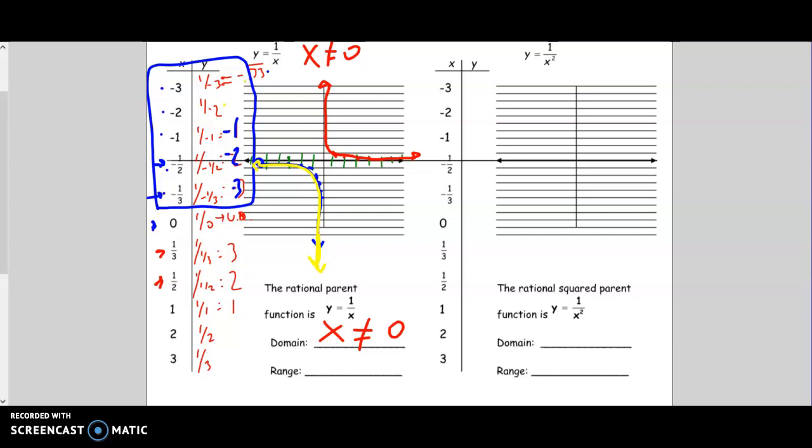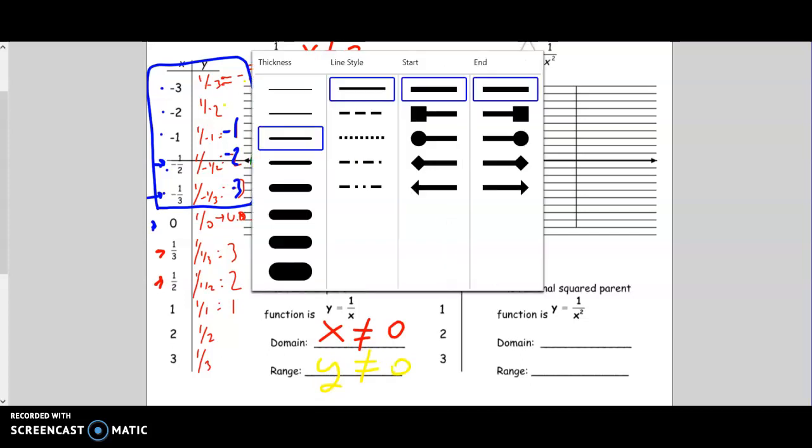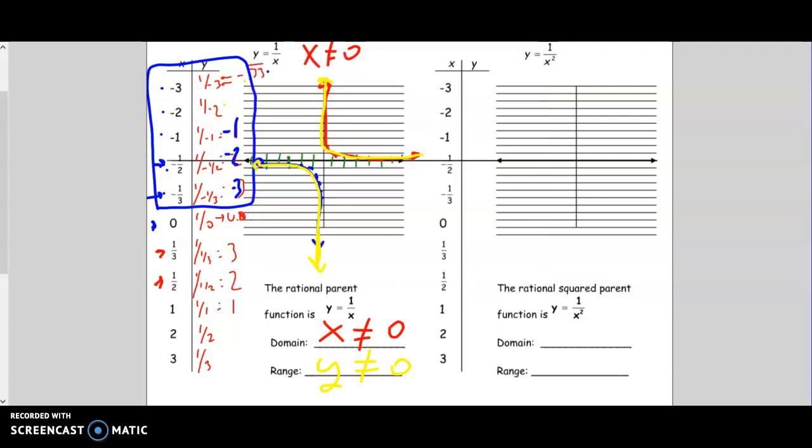On the other branch, it picks up right above 0 and goes up to infinity. So your range is all values except 0. These boundaries, if you will, are called asymptotes. See that? So we have a vertical asymptote here.